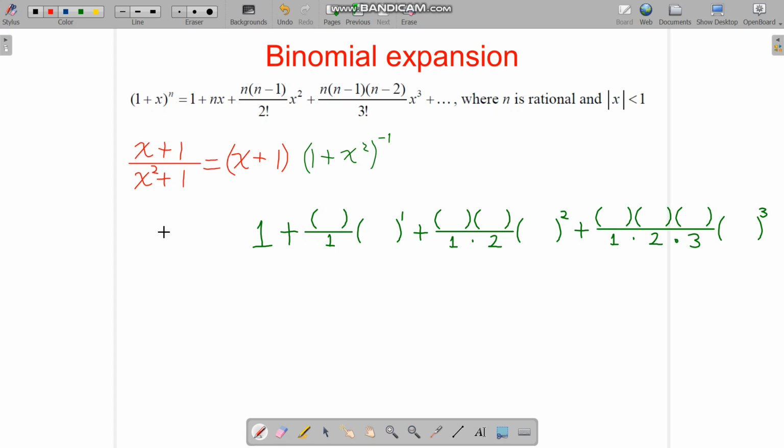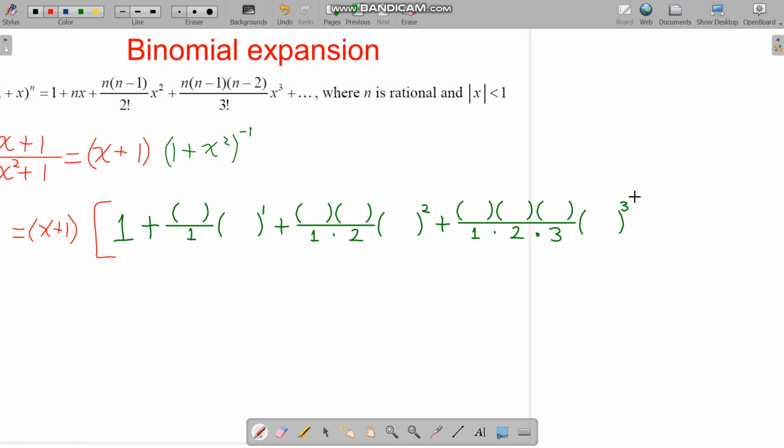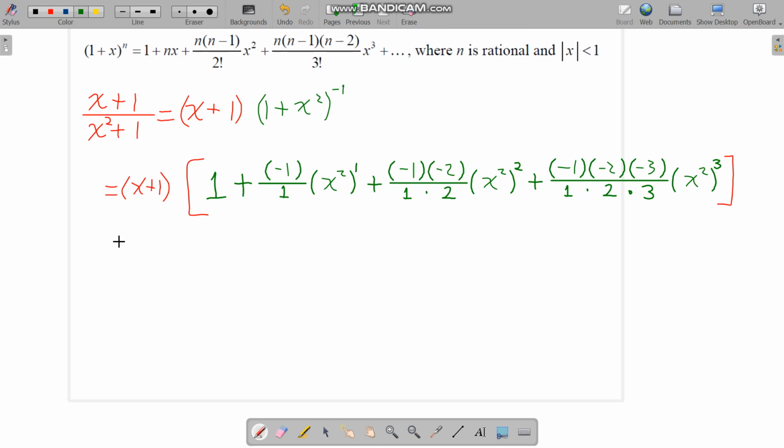So this means we have x plus 1 times, we use the binomial expansion for the green part, so the x is x squared, x squared, x squared, the n is minus 1, minus 1, minus 2, minus 1, minus 2, minus 3, and we simplify the first few terms.